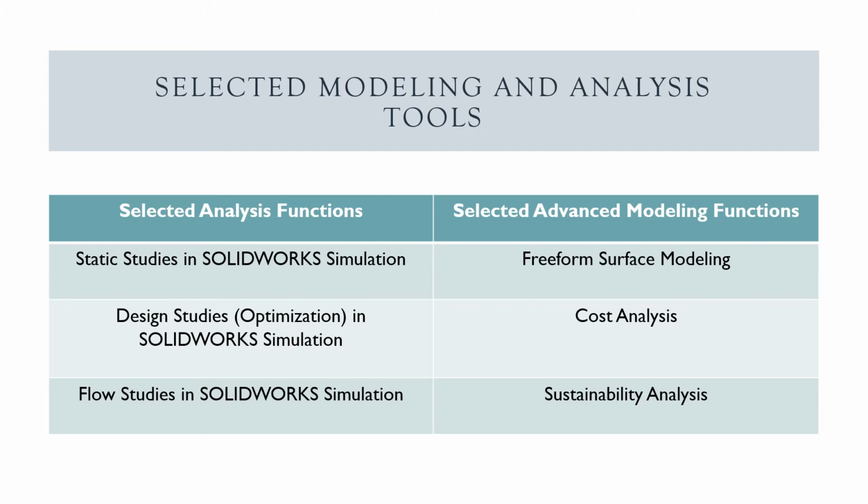For analysis functions, static studies will be performed in SOLIDWORKS simulation to analyze the stress on various components. Design studies, also known as optimization, is also conducted in SOLIDWORKS simulation to optimize design parameters. Flow studies rounds out the choices of analysis for the drone.